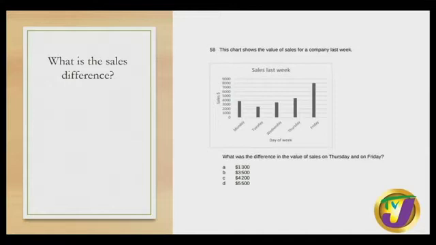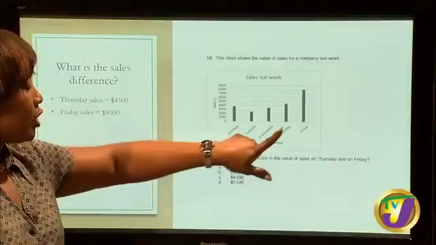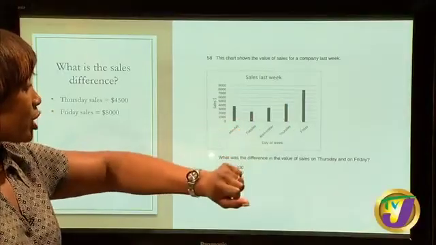Let us look at Thursday's sale. Thursday's sale is $4,500, while Friday's sale was $8,000. Now let's just take some attention to the chart, to the graph here. So we look for the bar that represents Thursday.